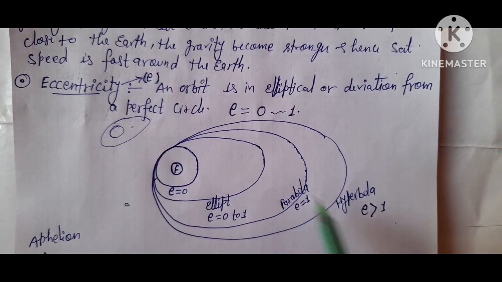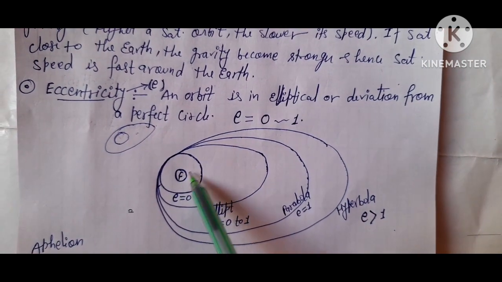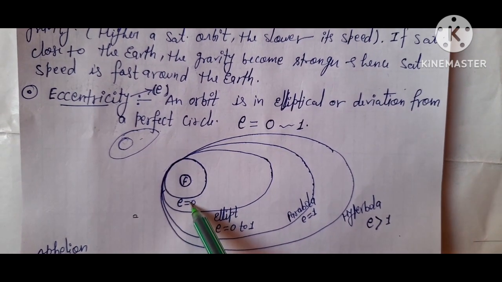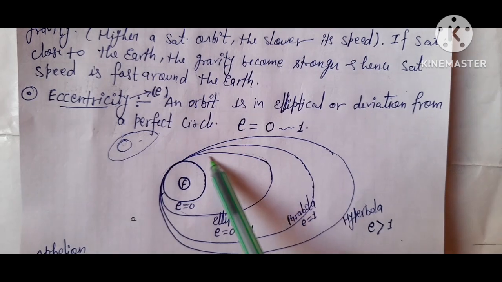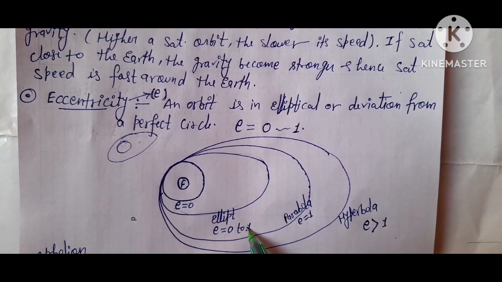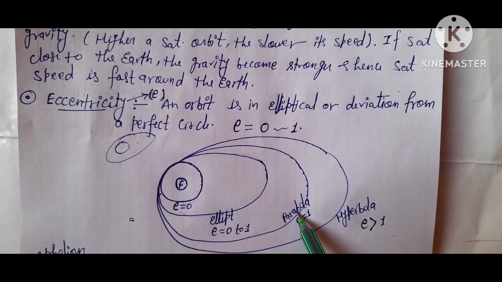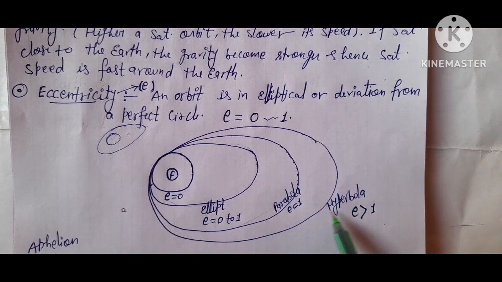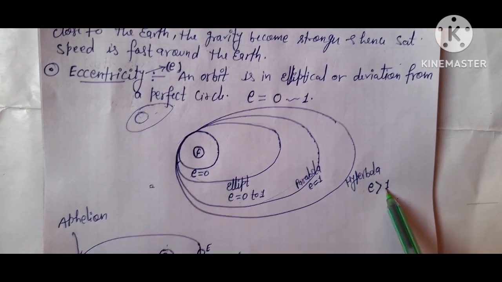You see here, this is a focus point, and a perfect circle has eccentricity 0. An ellipse has eccentricity between 0 and 1. A parabola has eccentricity exactly equal to 1, and a hyperbola has a value greater than 1.